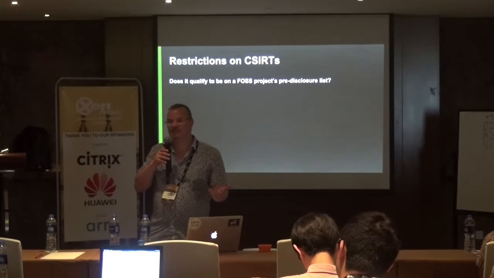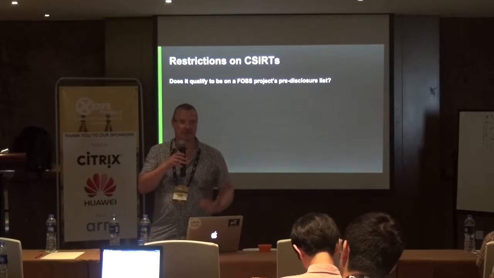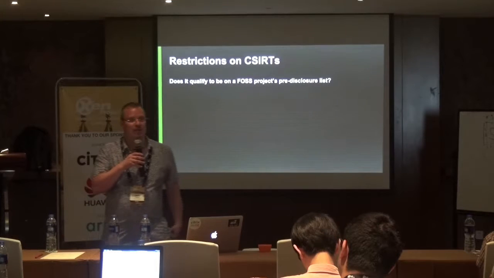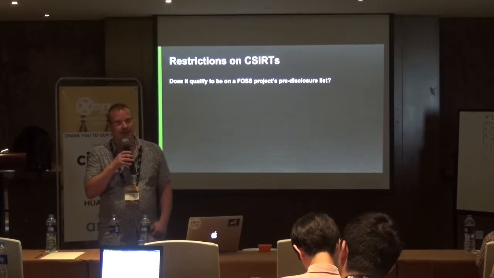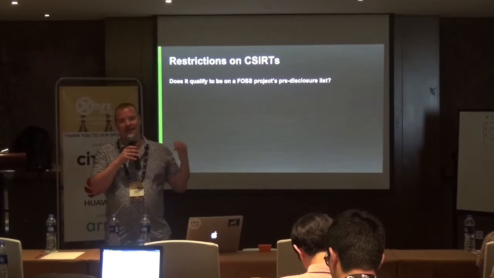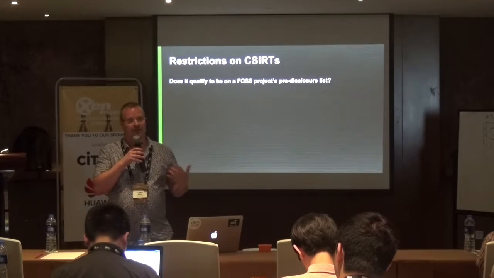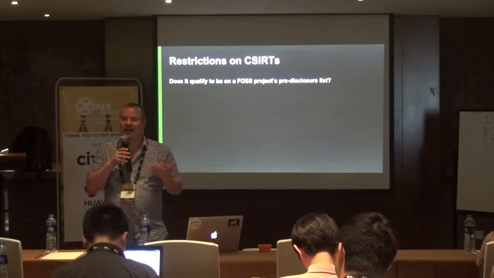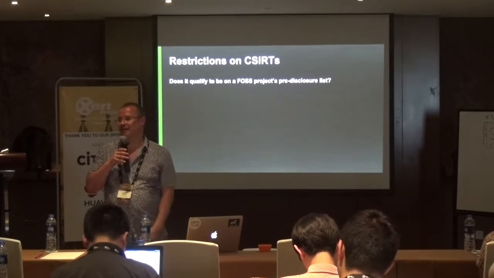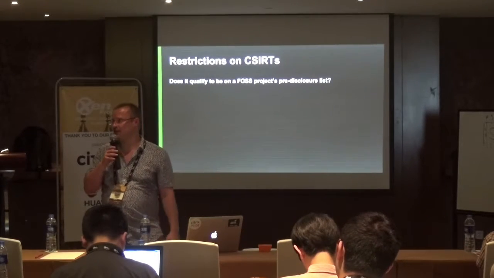In the Xen Project, we're fairly relaxed in terms of who we allow on a pre-disclosure list. As long as you use Xen and follow certain minimum standards, you can get that information. I remember there was a lot of debate around this, because it was seen as very risky, but it has worked out, even though we have 75 organizations on this project.